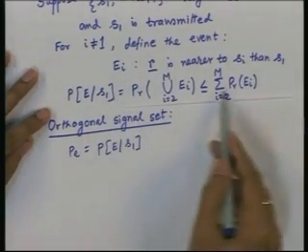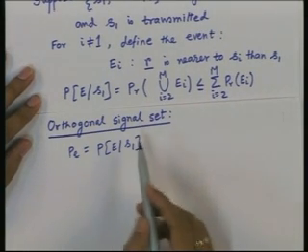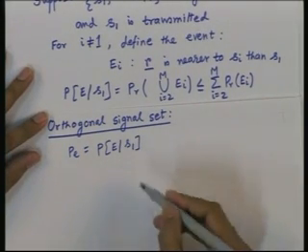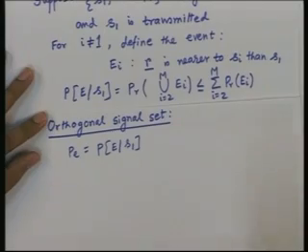So, we need to compute this. Now, the event Ei in this case is the event that the received vector is nearer to Si than S1.